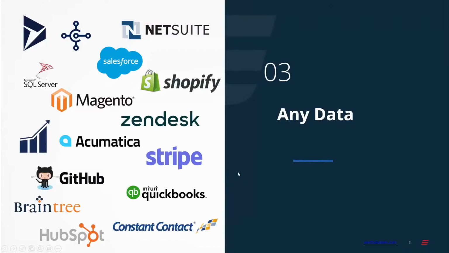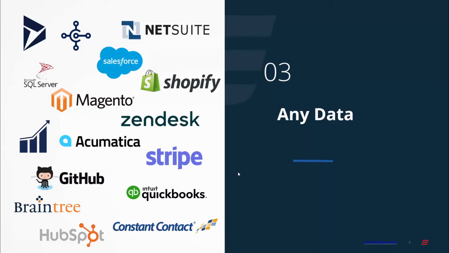Okay, the next point I want to make is that while I've just shown you a couple pieces of data, GP data, some Business Central data, some Dynamics 365 customer engagement or CRM data, you're not limited to that. You can really pull data from anywhere.